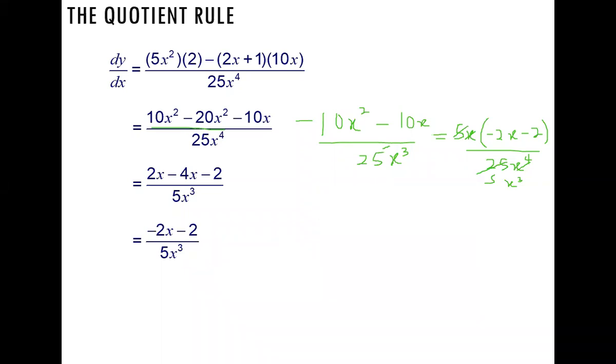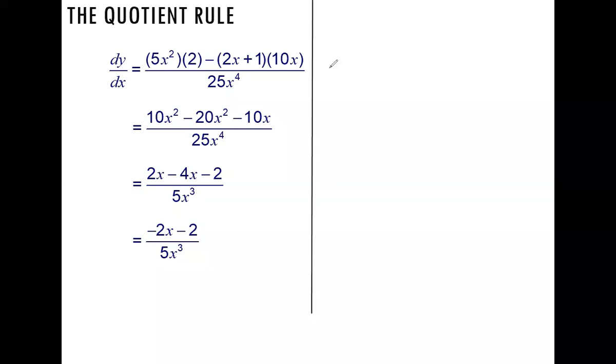Okay, now at this juncture, I'll ask you to try one. Let's take the function y equal to, say, 5x raised to the power 4 divided by, say, 2x raised to the power 3 minus 2, something like that.